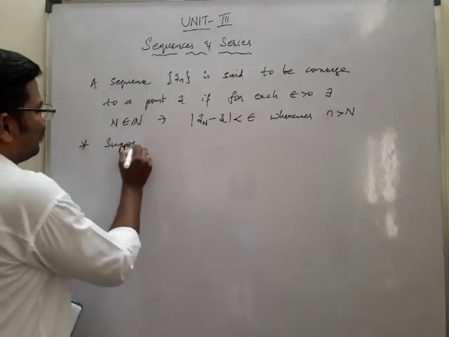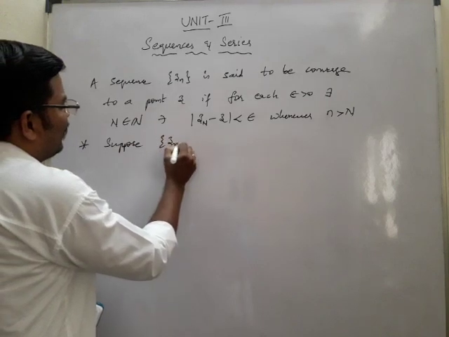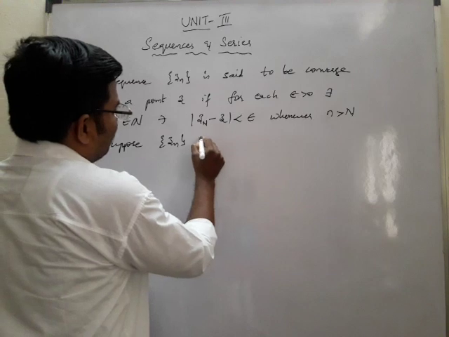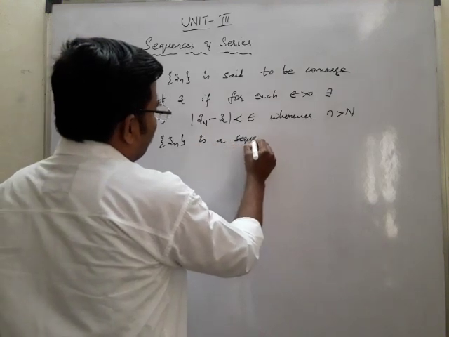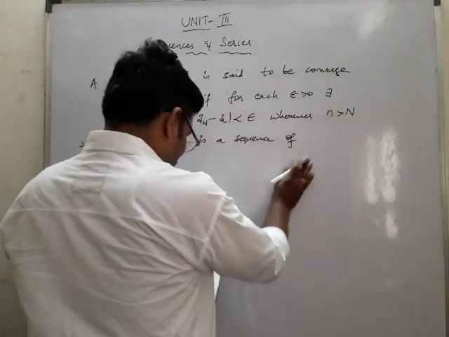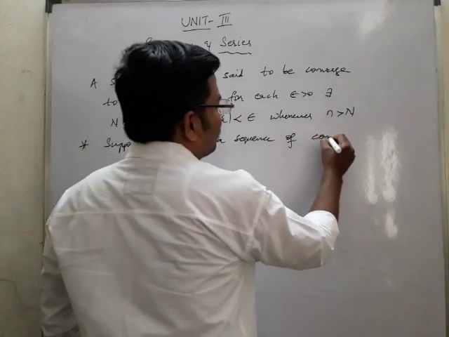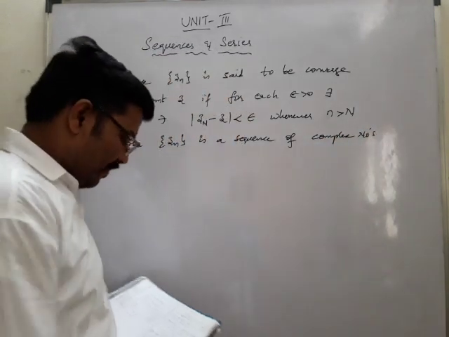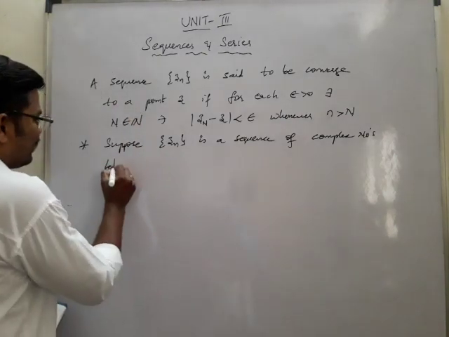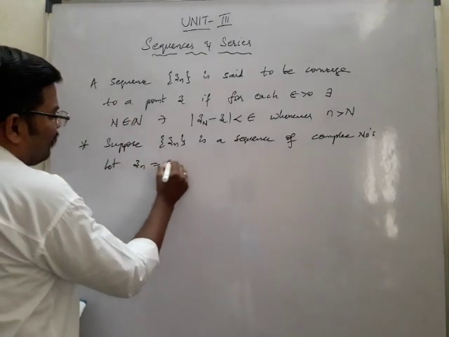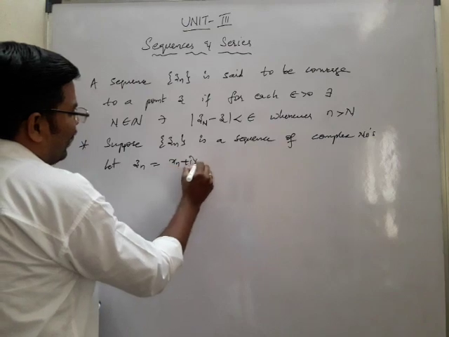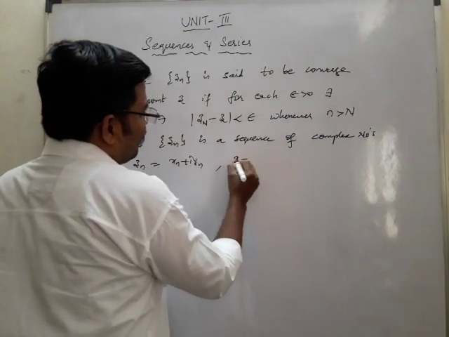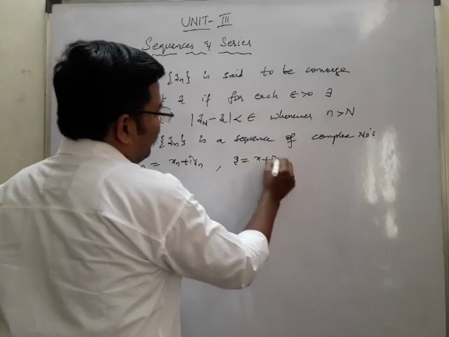Suppose Zn is a sequence of complex numbers. Let Zn is equal to xn plus i yn and z is equal to x plus iy.